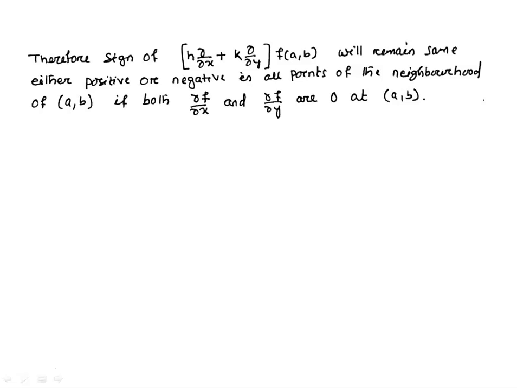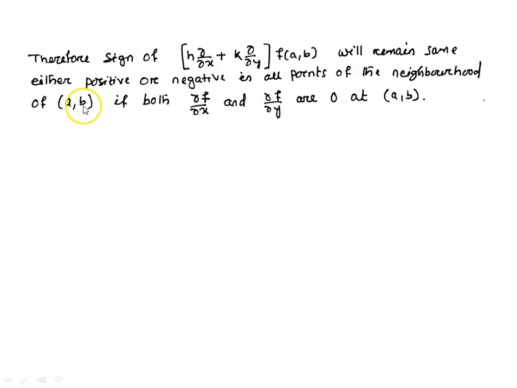As we have seen, the sign of h ∂/∂x plus k ∂/∂y at AB will remain the same, either positive or negative, in all points of the neighborhood of AB only if both the partial derivatives ∂f/∂x and ∂f/∂y are 0 at the point AB. Because otherwise this term is changing its sign around the neighborhood points for any values of k or h.